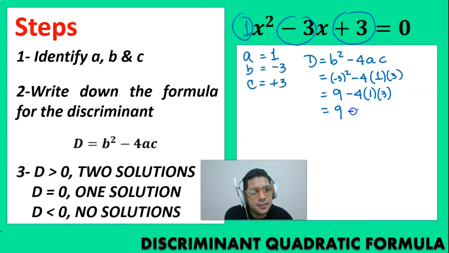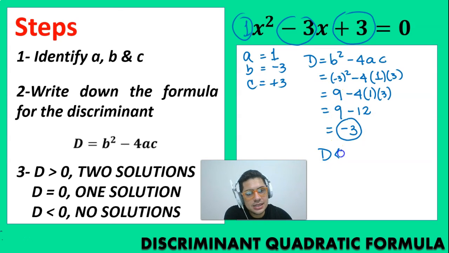And we're going to get 9 minus 4 times 1 is 4, times 3 is 12. And 9 minus 12 is going to be minus 3. So what that means, guys, is that since d is less than 0, we're going to get no real solutions.